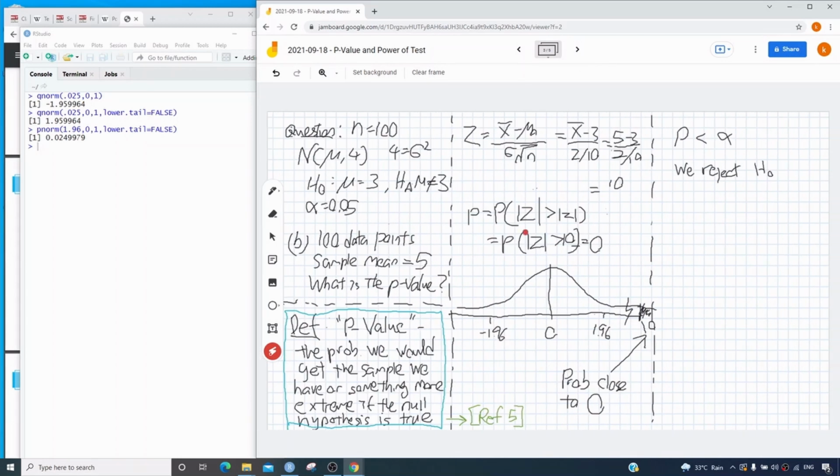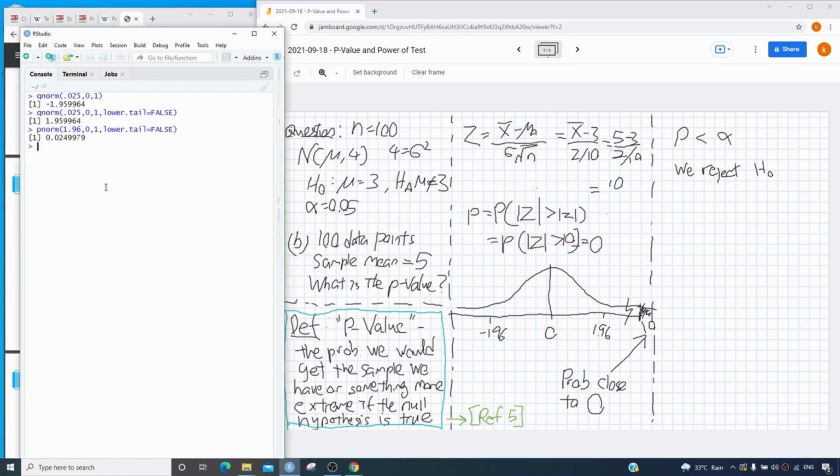So if the value is 1.96, the probability is 0.025. Okay, so what if the value is 10? Now I use the same equation. I just change the value.